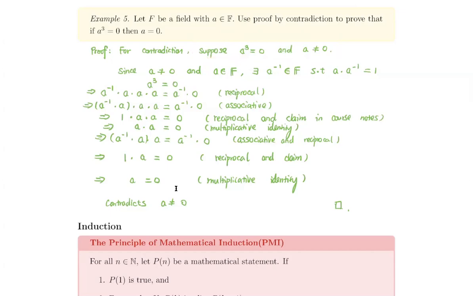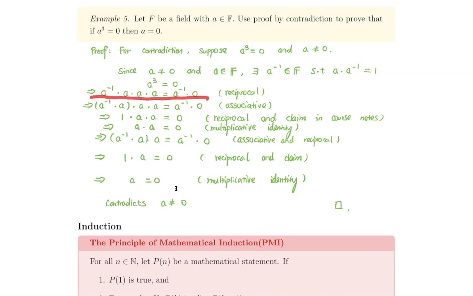Since a is non-zero and it's in the field, there exists a inverse in the field such that a times a inverse equals 1. It's because we know it's non-zero that it has a reciprocal. Since it has a reciprocal, and we know that a times a times a equals 0, we can multiply a inverse on both sides.